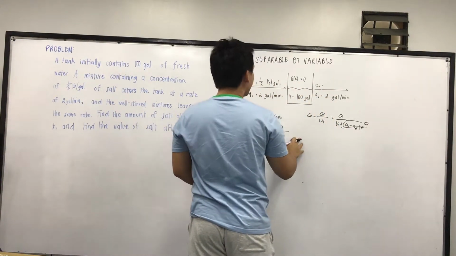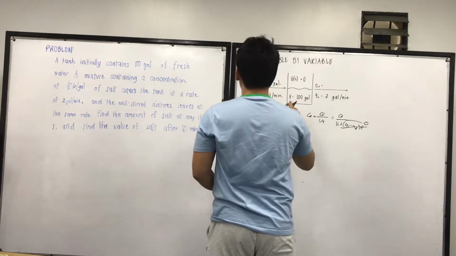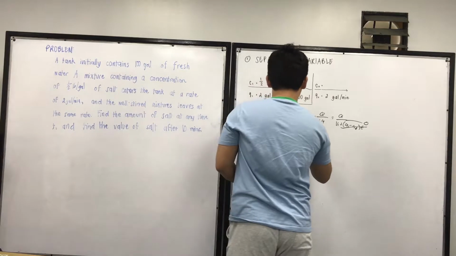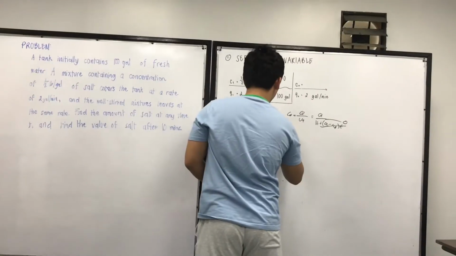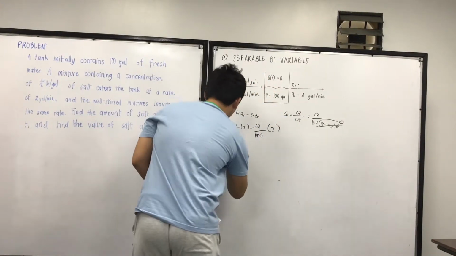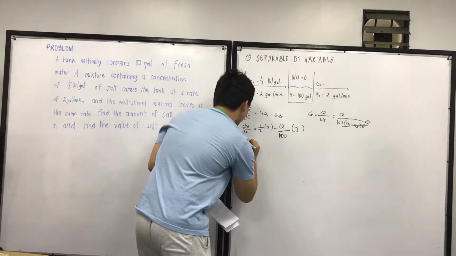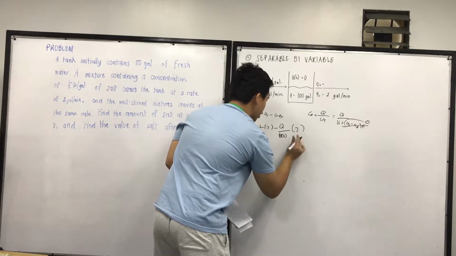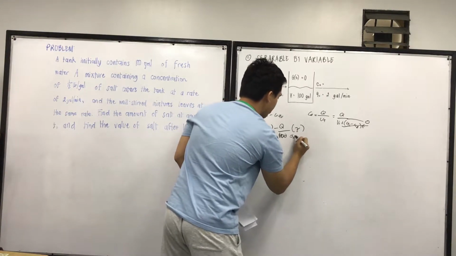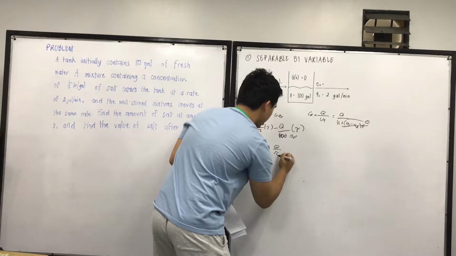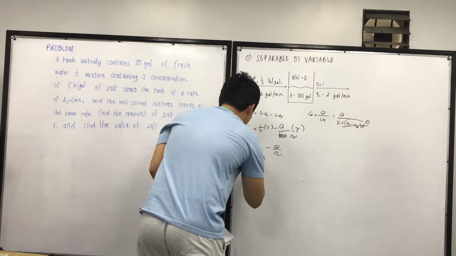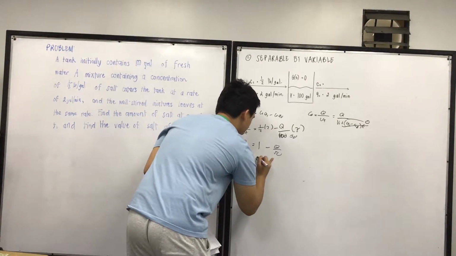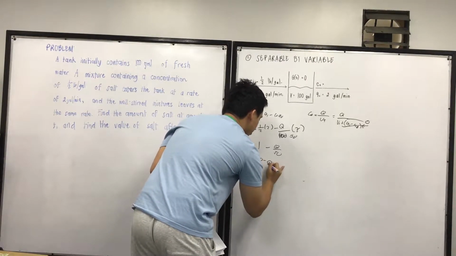So the Vi is 100 times the Qo, which is 2, and simplify this. Cancel this, so you get 50 minus Q over 50.